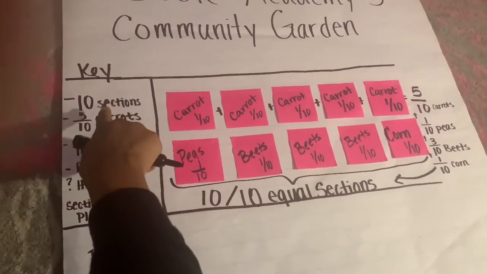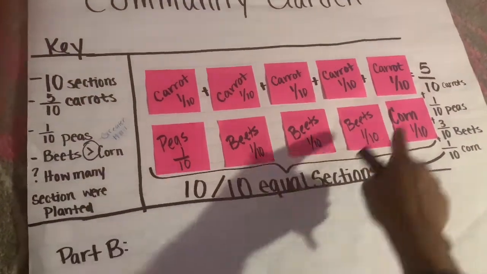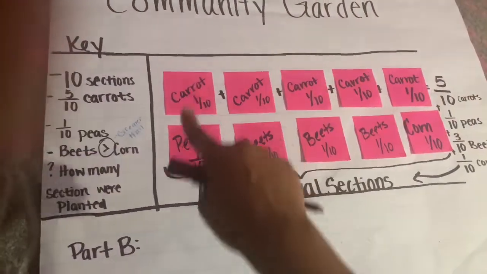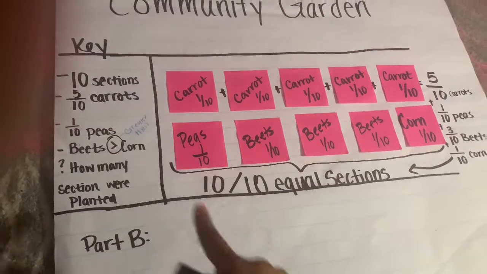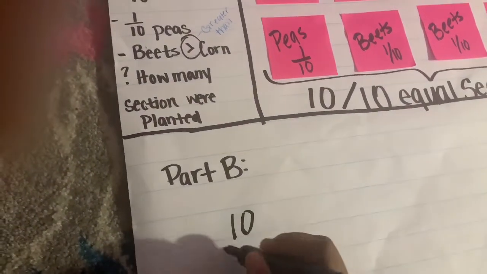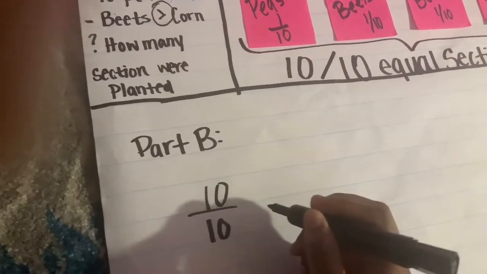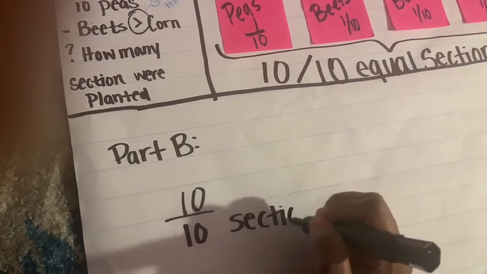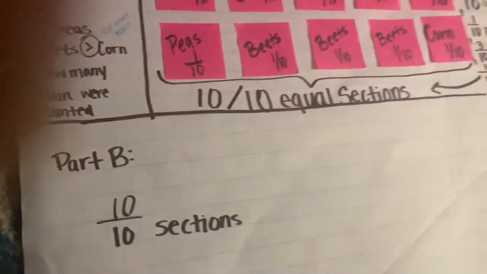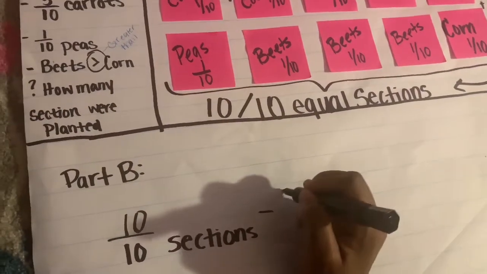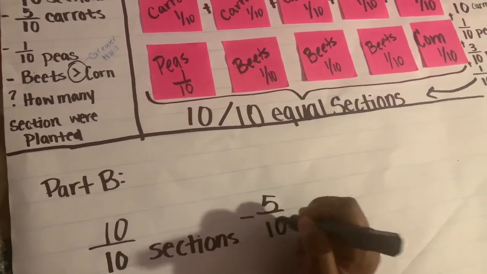They told me that I have 10 sections. So a whole community garden makes what? What is a whole? A whole in this case would be 10 out of 10 sections. I already know that I have to plant 5 tenths of carrots.